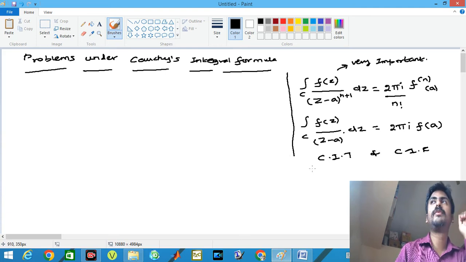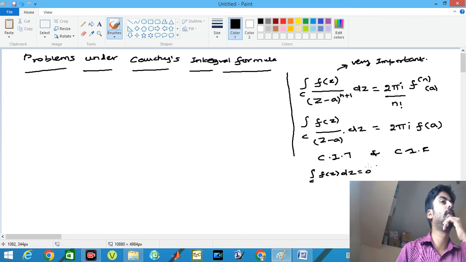While doing the problems we will see the denominator is in the format of z minus a. If that a lies outside the circle, then f of z is analytic inside and on C, therefore the integral over C of f of z dz equal to 0.